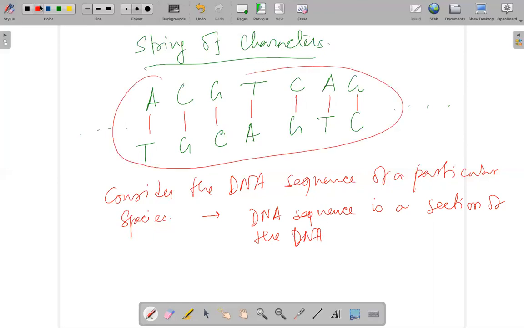So this is a long strand. This is one particular section which we call a DNA sequence.